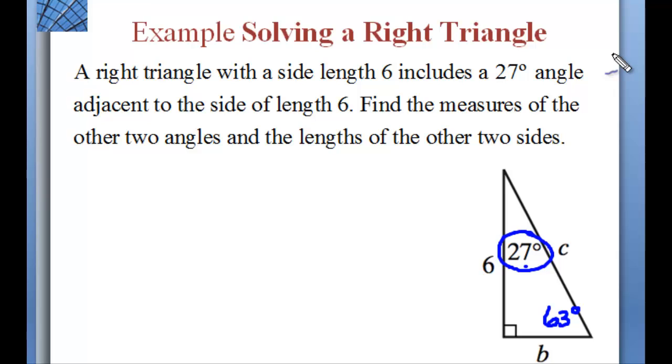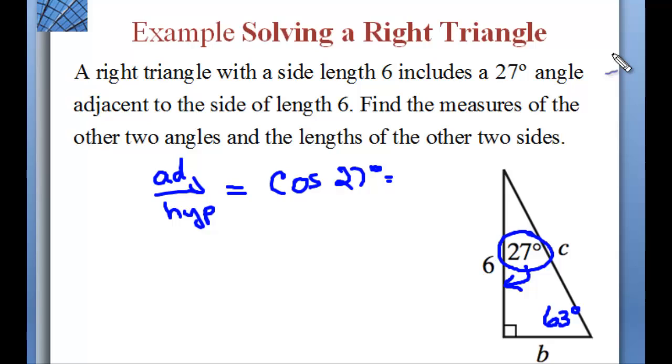For 27 degrees, this is the adjacent. So we have the adjacent and the hypotenuse. The adjacent over the hypotenuse gives us the cosine. So cosine of 27 degrees equals the adjacent over the hypotenuse, which is 6 over c.